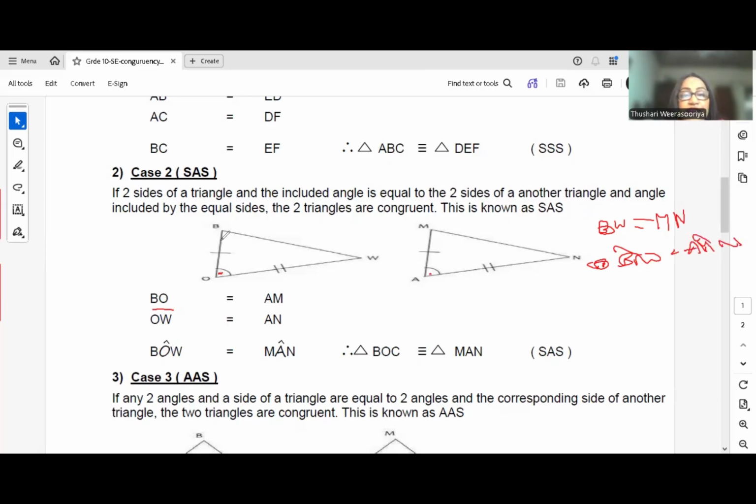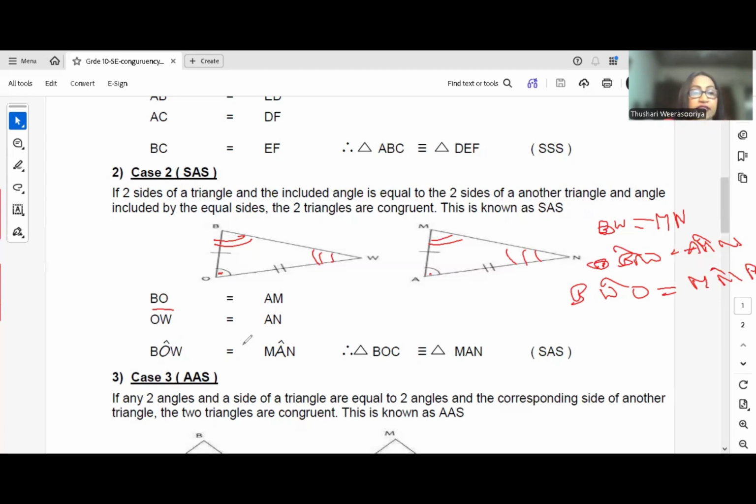The next one, this angle equals this angle. The next one, this angle equals this angle. See, all the features we can take. That's a very good feature of congruent triangles. Angle BWO equals angle MNA.